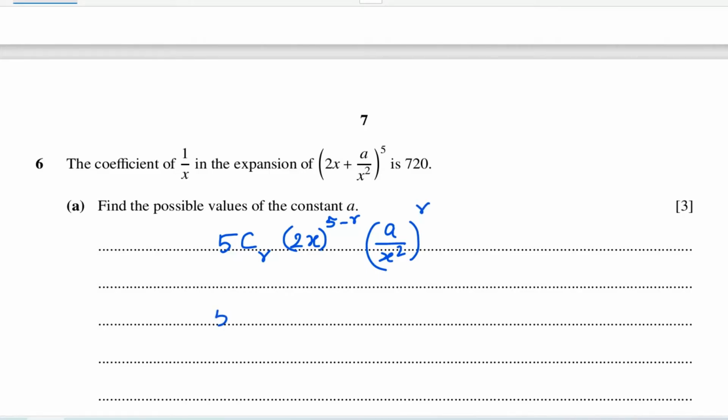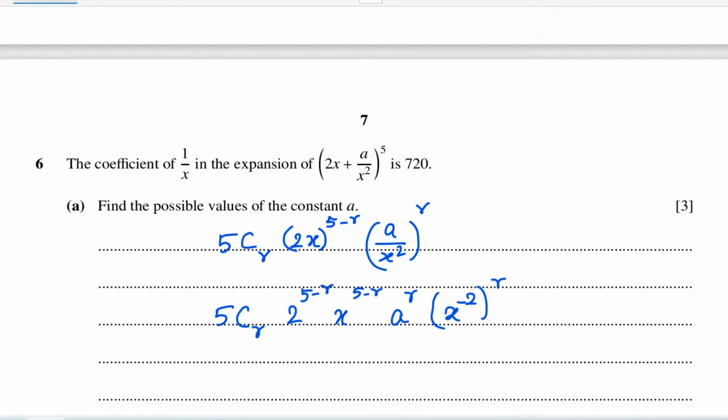So this can be written as 5cr 2 power 5 minus r x power 5 minus r a power r, and when the x square comes to the numerator, you'll get x power minus 2 the whole power r.